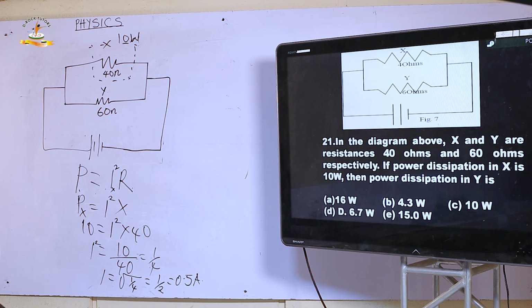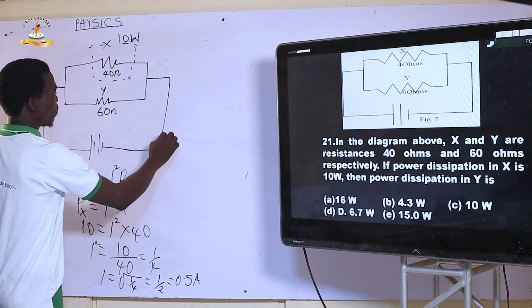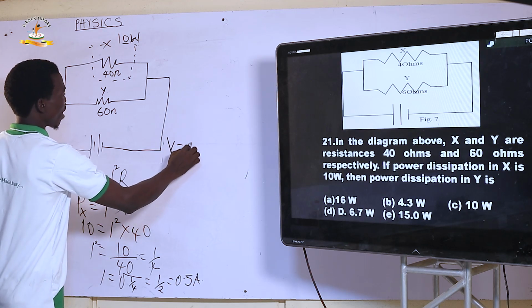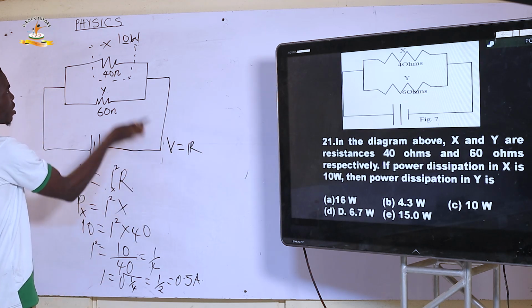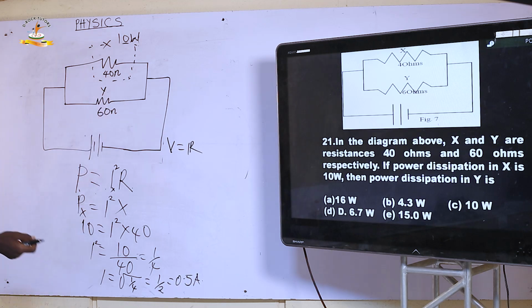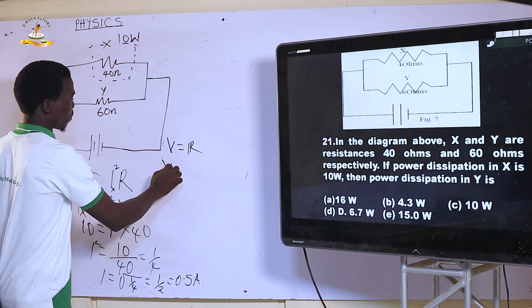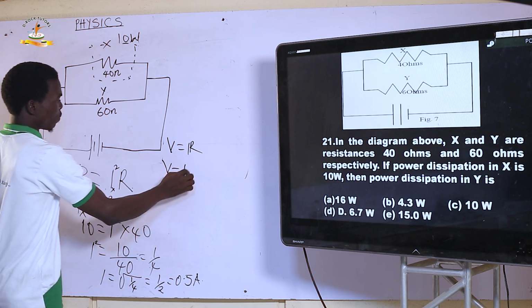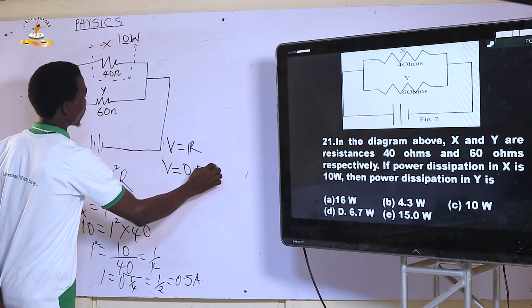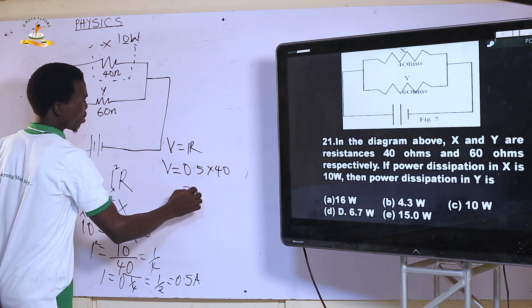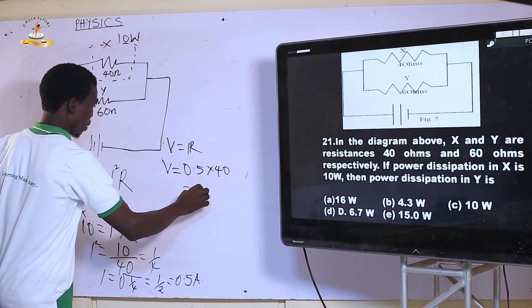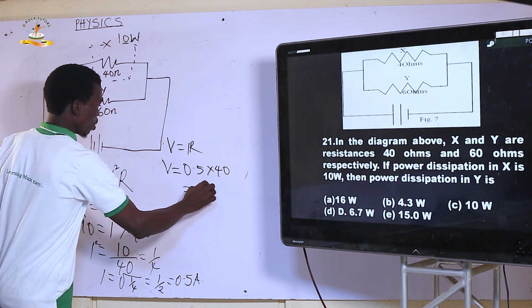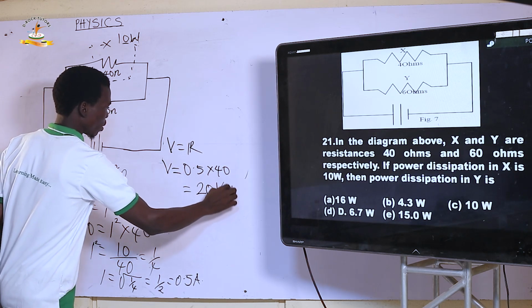However, that is not where we are going, but we need it. Why? Because by Ohm's law, V equals IR. If I get the current through resistor X, I can get the voltage. My voltage is 0.5 times 40, which is 20 volts.